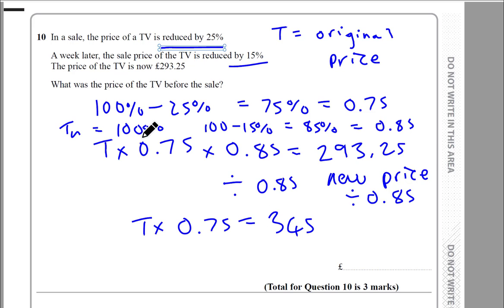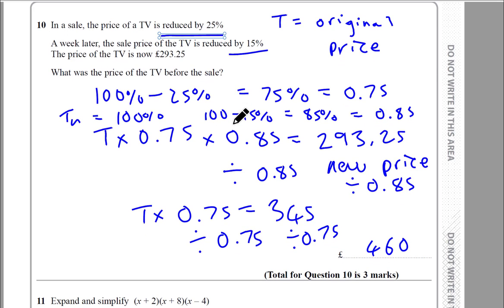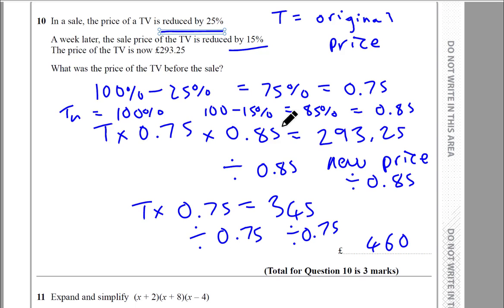So that's the price after its first reduction, because we're going backwards to do the inverse again. And that would equal, just do that on your calculator, 460. Now that's the first time I think I've seen a double reverse percentage for a long time, but hopefully you'll be able to answer any type of reverse percentage question using this skill. That's a nice 3 marks, but I can see that catching quite a few people out.